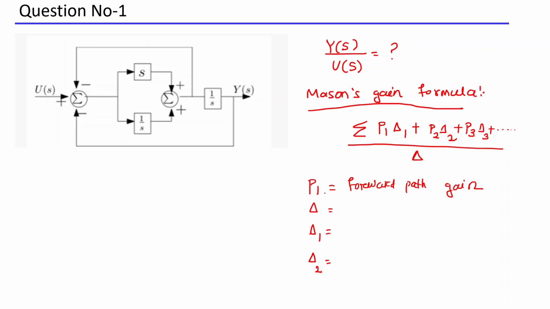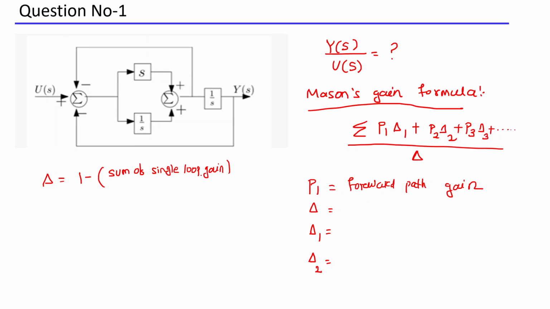Delta is 1 minus the sum of individual loop gains, or you can write sum of single loop gains. That's why I'm using minus.